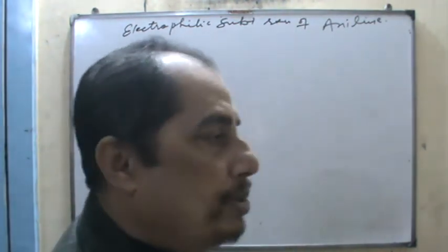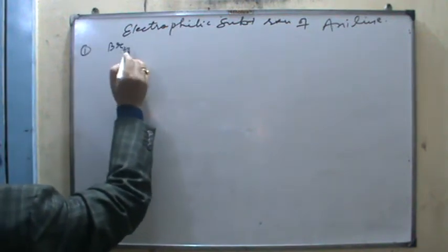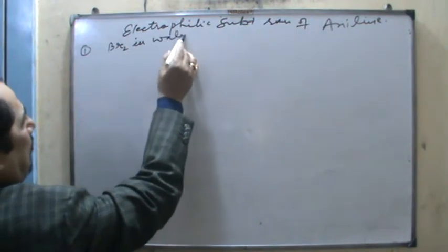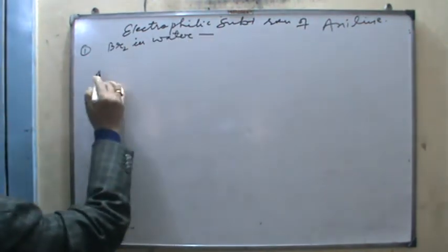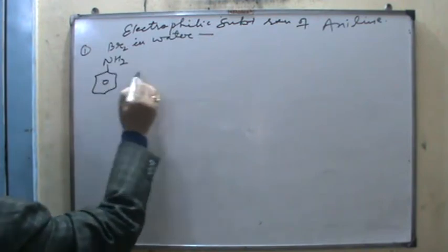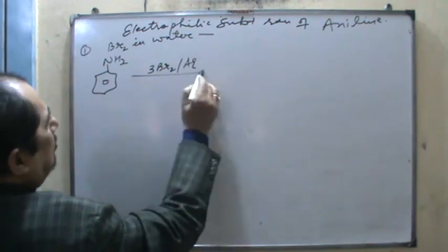So in case of bromination, first is the bromination in water. You take aniline and 3Br2, I mean in aqueous medium.